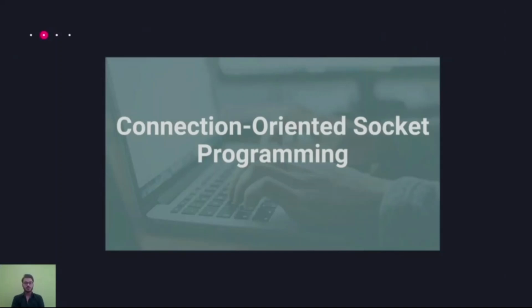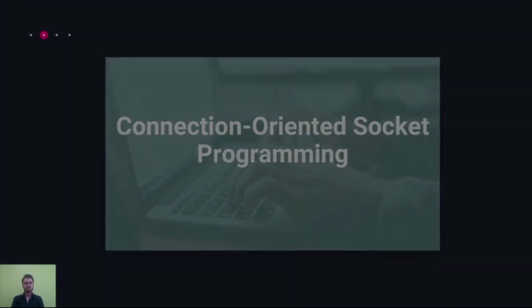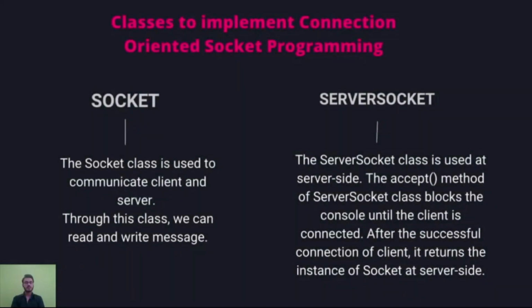Connection oriented socket programming. In this programming, a reliable connection is established between the client and socket. The classes which are used to implement connection oriented socket programming are socket and server socket. The socket class is used to communicate between client and server. Through this class, we can read and write messages.